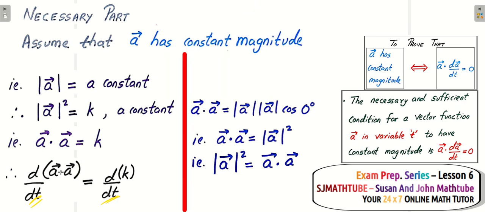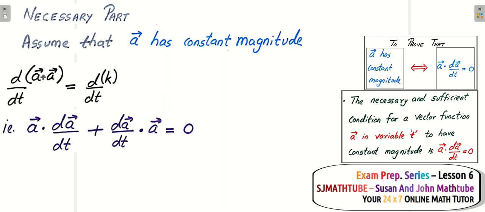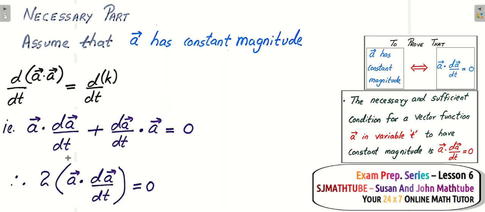And I hope you still remember the formula to differentiate dot product. So I'm going to apply the formula A dot dA by dt plus dA by dt dot A. And you know that A dot B and B dot A are the same, so we end up with 2 times A dot dA by dt equal to 0.